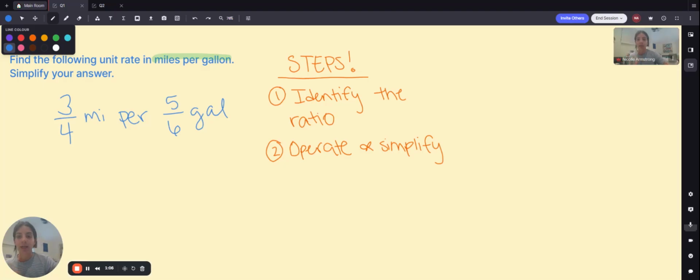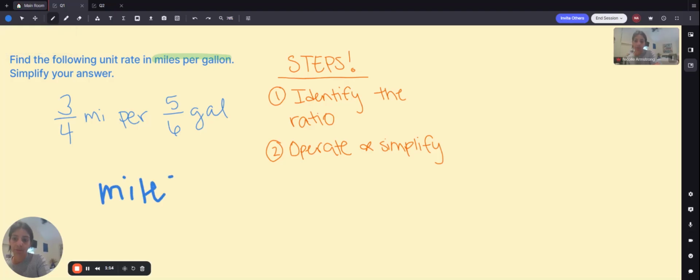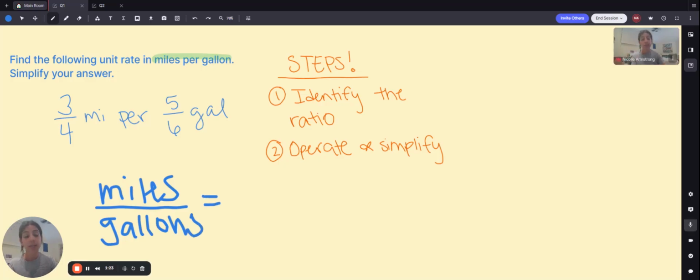To write that ratio, we want to write it as miles over gallons. Now we take our information from the problem, which is 3/4 of a mile to 5/6 of a gallon. So that's going to be our ratio.